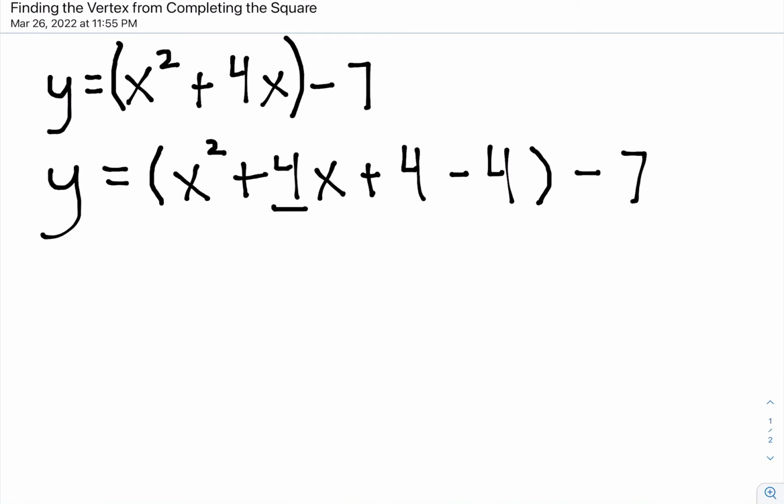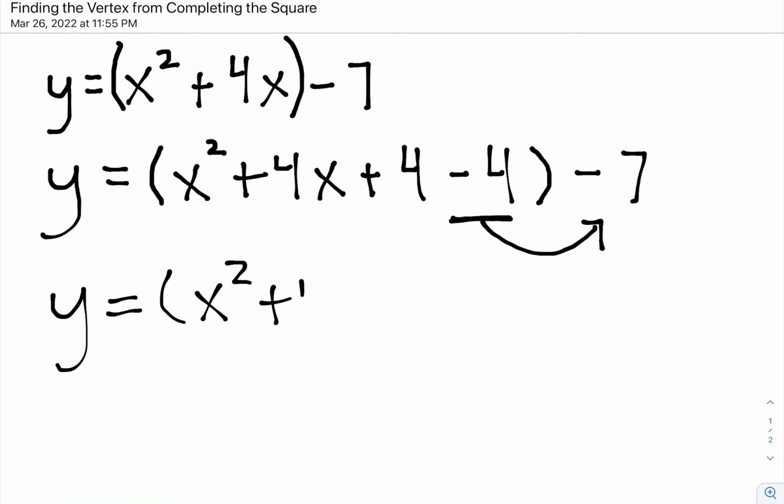And one of the last things is we're going to take this term we subtracted and move it to the outside. So instead of leaving the negative 4 in there, let's keep those three terms that we have, x squared plus 4x plus 4. We're going to close this bracket off and just move this negative 4 outside.